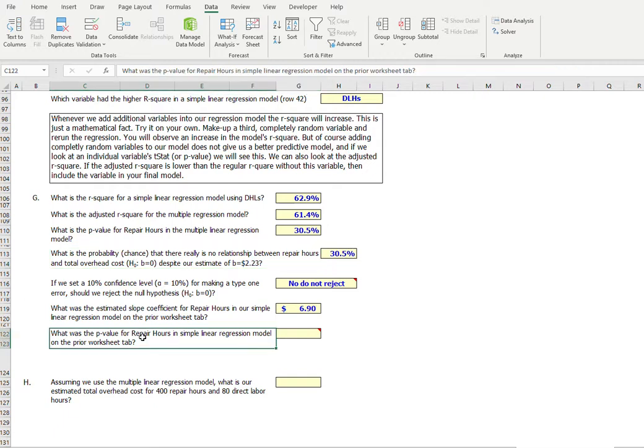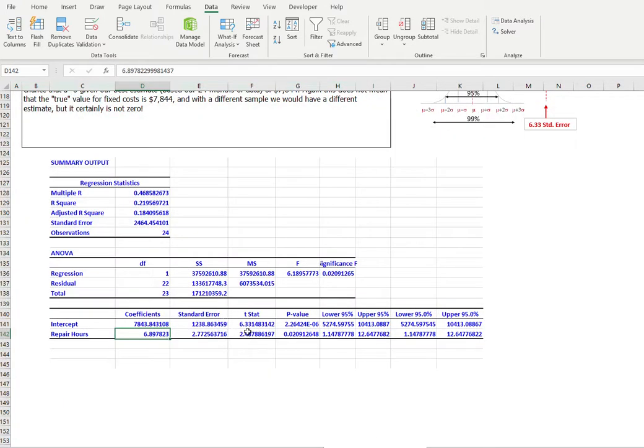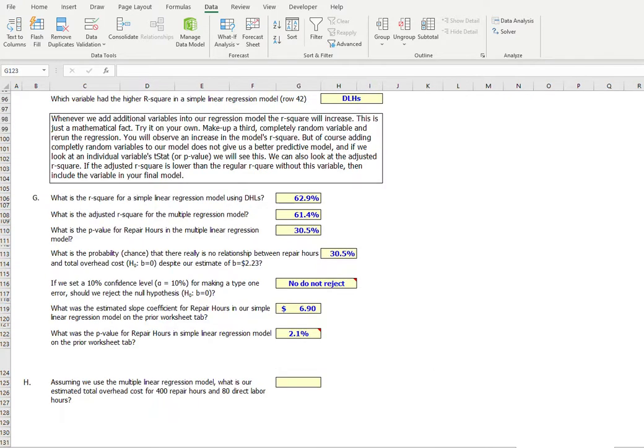Let's also pick up the p-value that we had for repair hours in our simple linear regression model. And that was 0.02091, or 2.1%. Interesting. Last time we had a higher slope coefficient and we had a lot more confidence in it. Why is that the case?